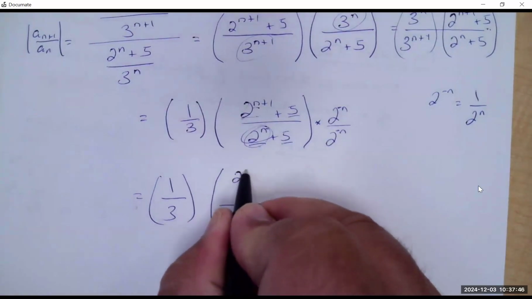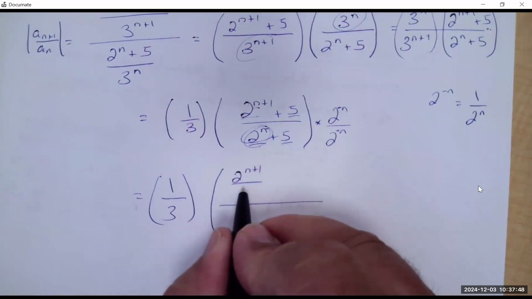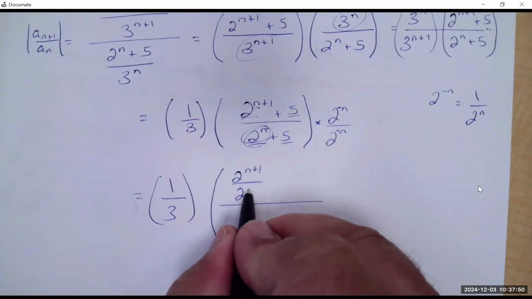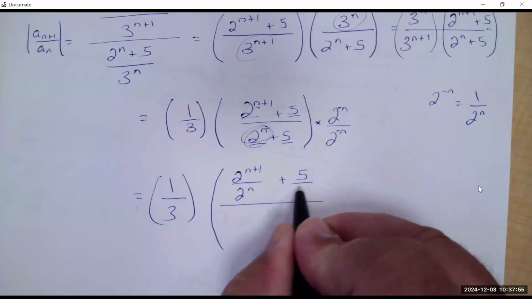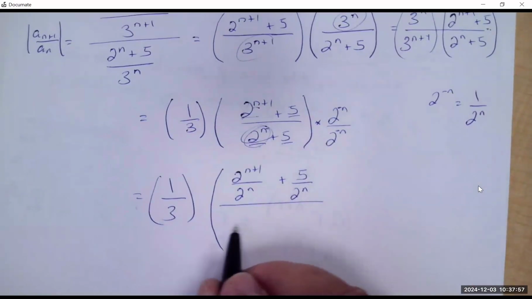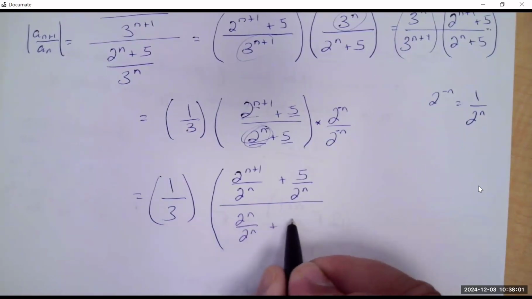So we have 2^{n+1} over 2^n plus 5 over 2^n, over 2^n over 2^n plus 5 over 2^n.